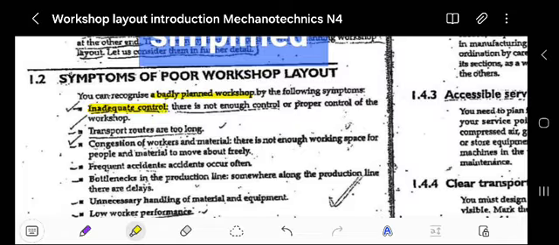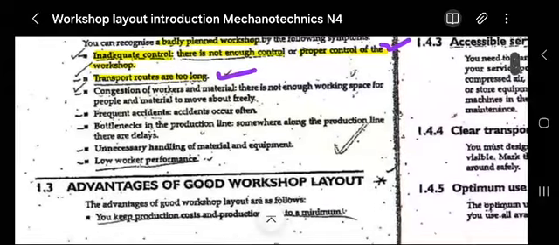There is not enough or proper control of the workshop. That is the simplified point there. Or transport roads are long. Simply simplify: transport roads are long. So you don't have to explain many things.